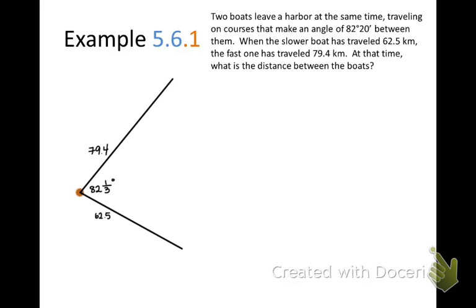So what I'm looking for is at that moment that they're that far apart from each other, I would like to know what is the distance between the two boats. So ultimately I'm going to label this distance as x, and that's what I'm trying to find. How do I do this?